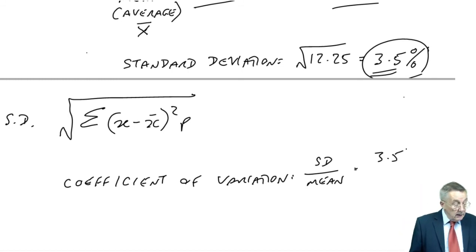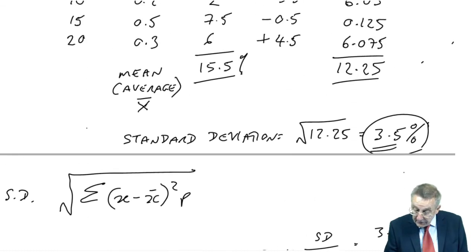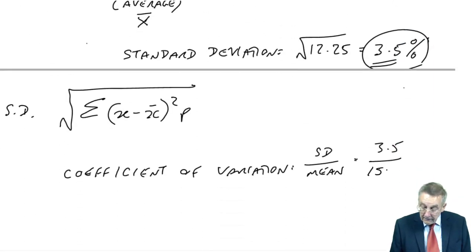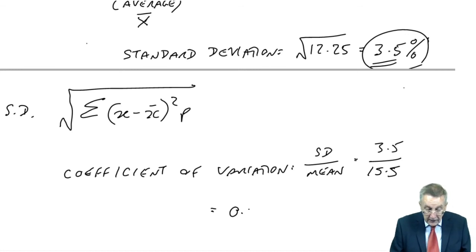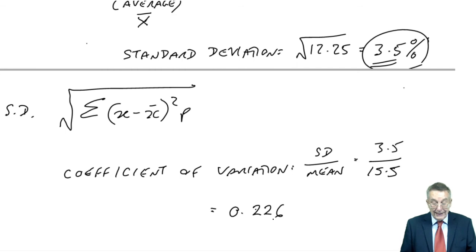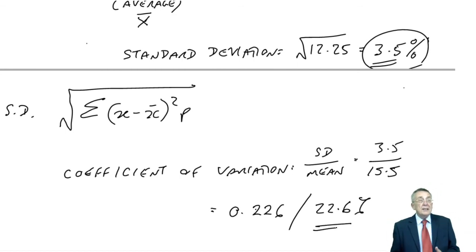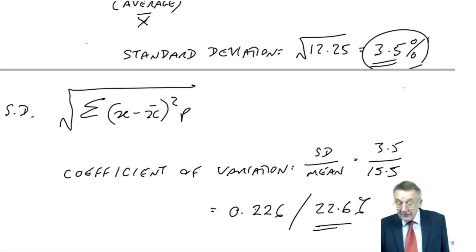The mean, what did I get? Was it 15.5? Yes, the mean was 15.5. And so the coefficient of variation, 3.5 divided by 15.5, is 0.226, or 22.6%. It doesn't really matter how you write it, but it gives an order of magnitude. If the standard deviation were 0.5, it's a tiny little spread compared with the 15.5 mean.